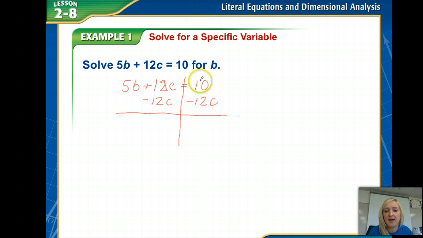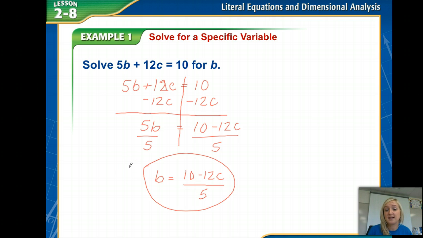Keep in mind, 10 is a constant by itself. Negative 12c is a whole different term. We cannot combine these two on the right-hand side. I have 5b left on this side, and I have 10 minus 12c left on this side. Now, if I need to solve for b, the last step is to divide both sides by 5. I get b equals 10 minus 12c, divided by 5.